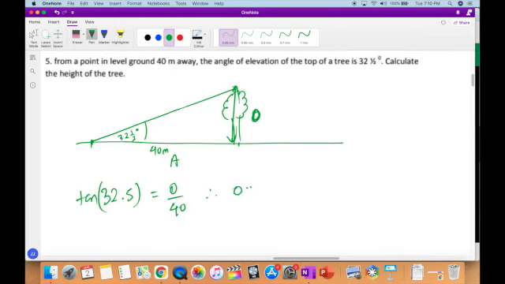Therefore, the opposite is equal to 40 times the tan of 32.5, which is 25.5 if we want to keep it at one decimal place. So 25.5 meters. Anybody got this?